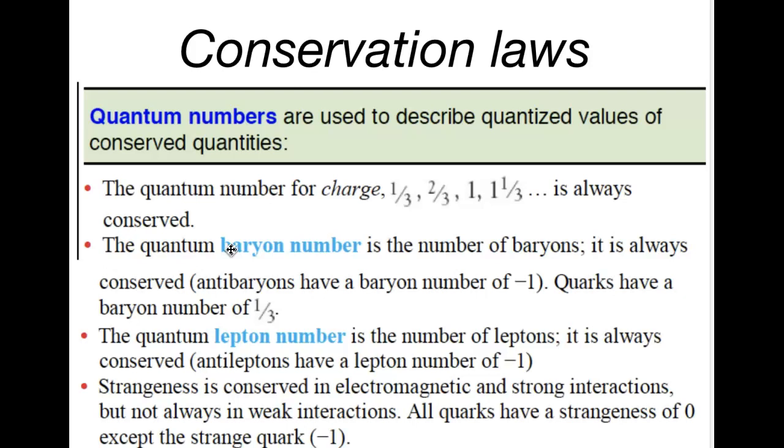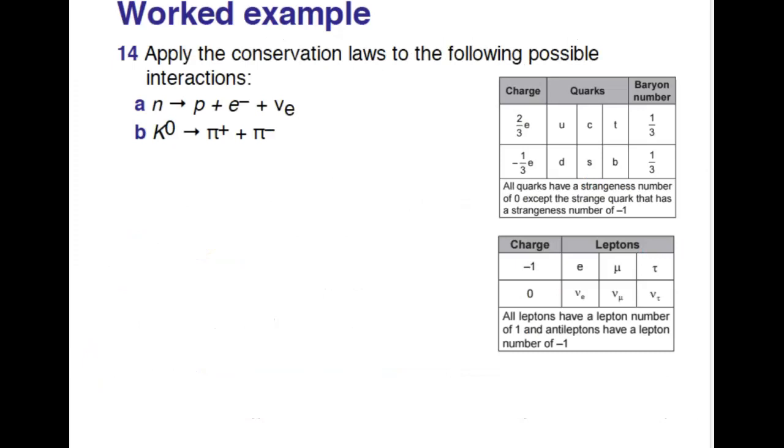The lepton number has to be conserved, so you have to make sure that both sides have the same lepton number. And strangeness is conserved, so you have to make sure that the same strangeness is on both sides of the equation. So that's what we're going to do now: check the conservation laws apply in order to see if an interaction is possible.